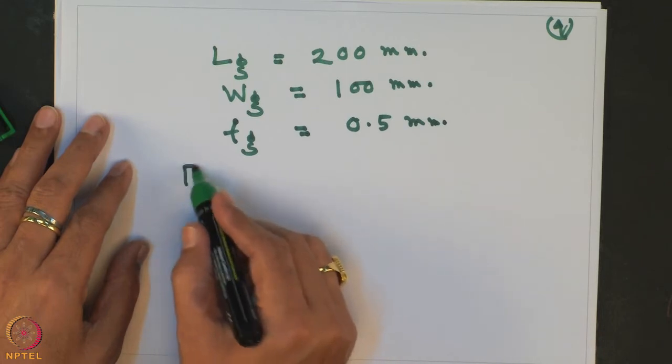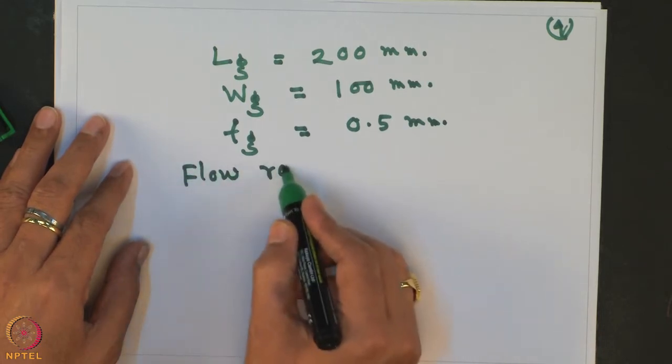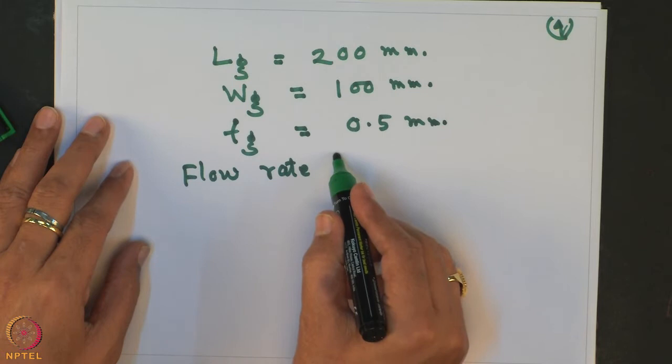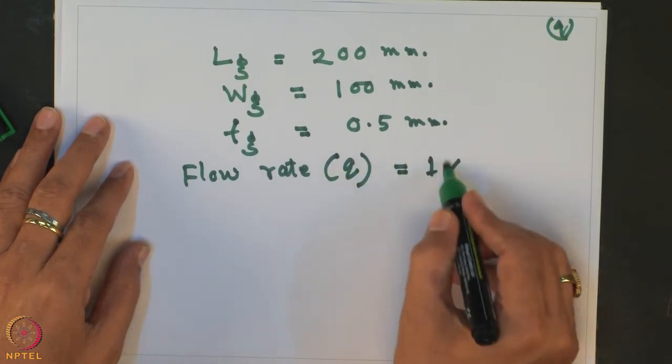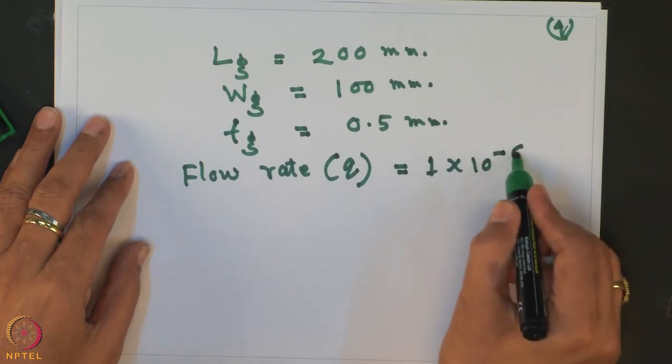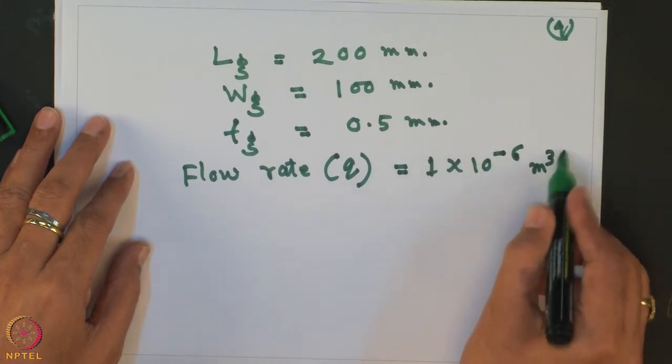So, you have to determine the flow rate, that means flow rate is equal to Q. You can measure the flow rate equal to 1 into 10 to the power minus 6 meter cube per second.